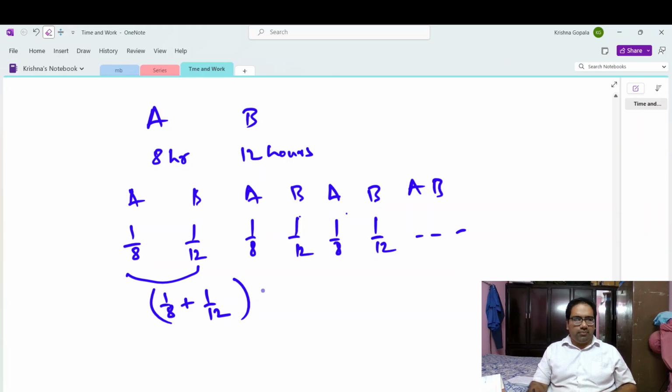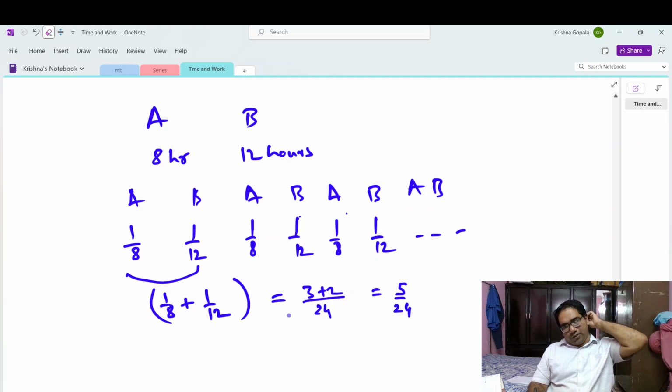Agreed? So the denominator is 24, 3 plus 2, 5/24. They'll finish 5/24 worth of work every 2 hours.